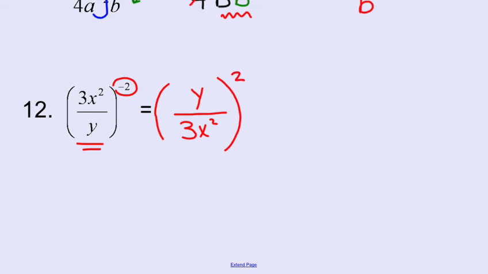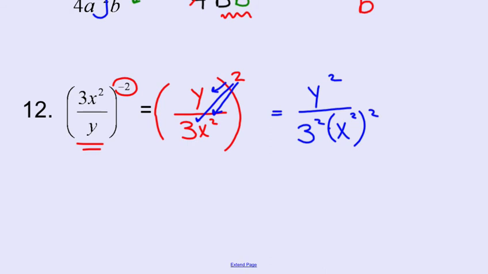Now we're going to go ahead and raise those in, so we're going to distribute. So it's y squared over 3 squared, x squared, squared. So we're left with y squared. 3 times 3 is 9. Do you remember what you do from a power to a power? Multiply those. So there's your final answer.